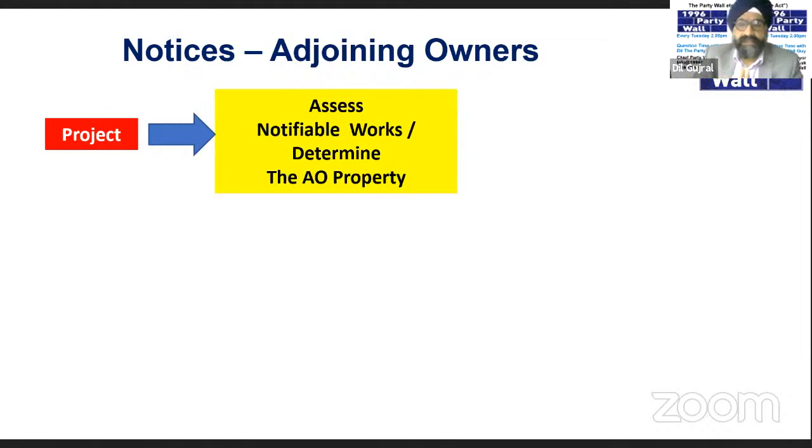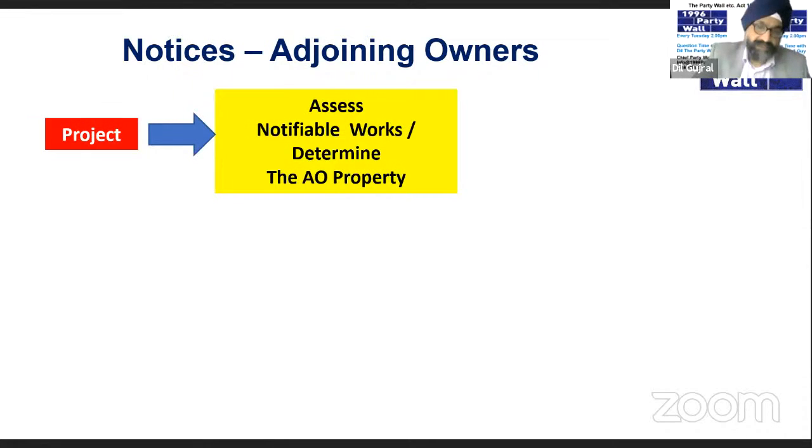So for example, if you're excavating, that could be notifiable under section 6. Now, whether it's notifiable or not depends on your neighbor's property as well. Just to take an example, if you've got section 6 works, i.e. you're digging a foundation, that's a notifiable type of work.